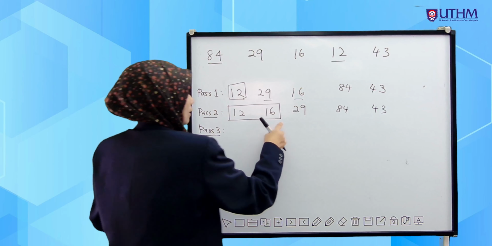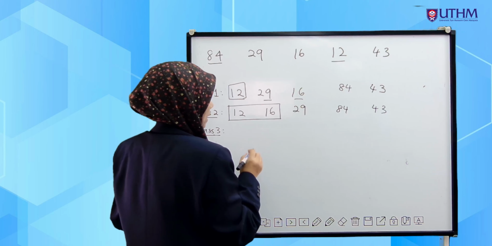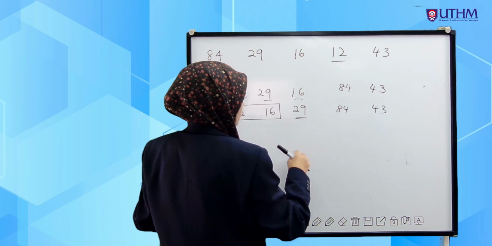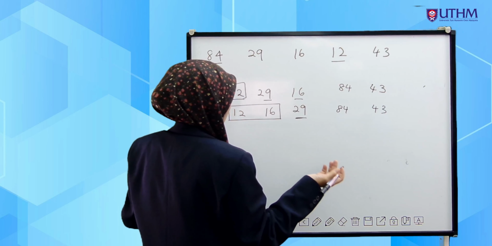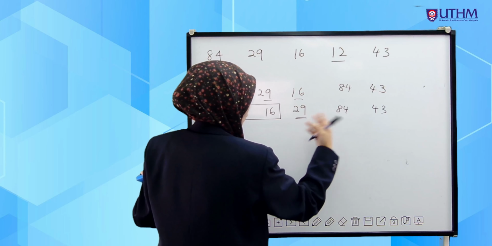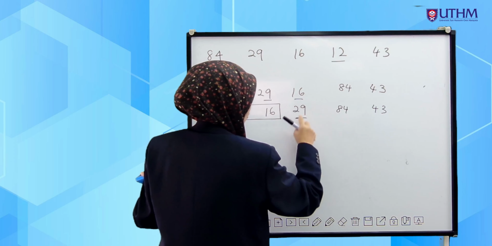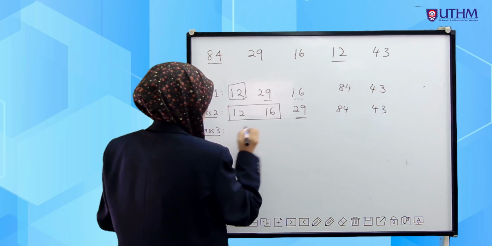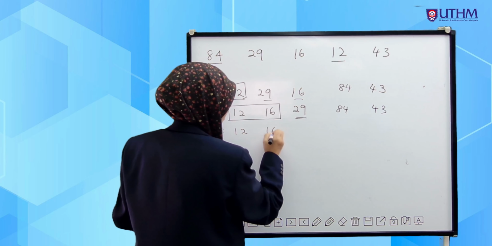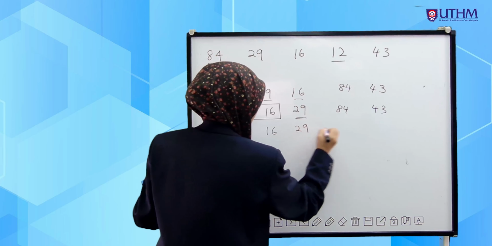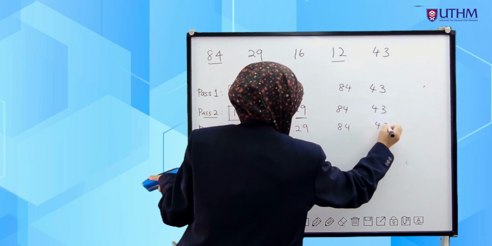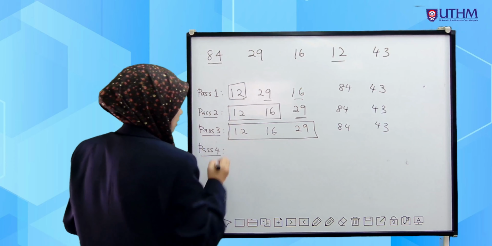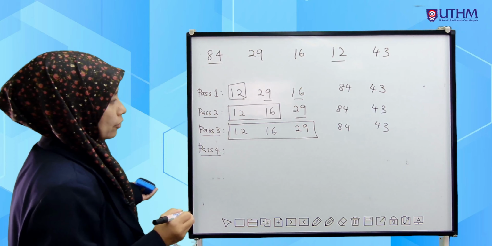Next, for the 3rd pass, this is our 3rd position. Find the smallest value. No more swapping happens, because 84 is greater than 29, and 43 is greater than 29 as well. So you will have 12, 16, 29, 84, 43. After the third pass, these three values are already in sorted order.